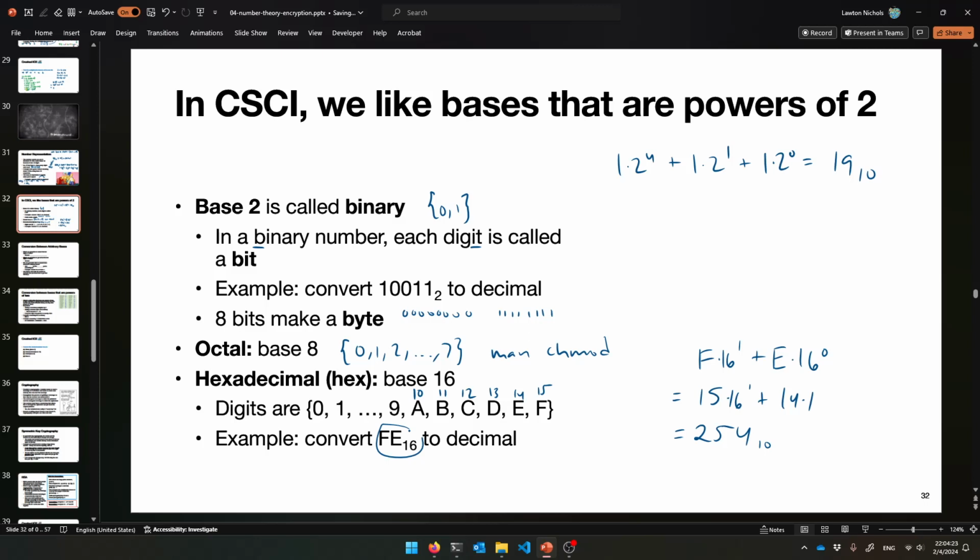You can't really type a subscript as part of a C++ program or a Python program, so people have come up with the shorthand starting with the prefix 0x. If you write your number that way, it means to your programming language, interpret it as a hexadecimal number rather than a normal decimal number.